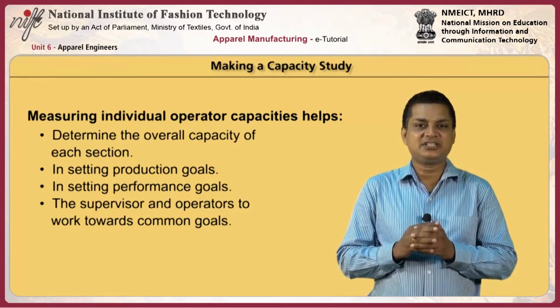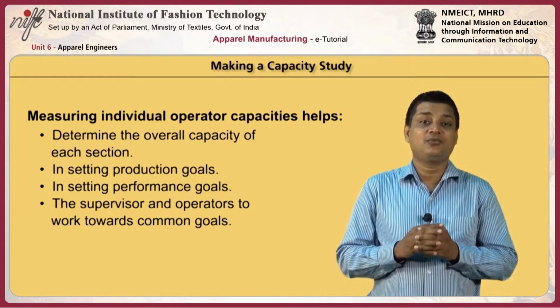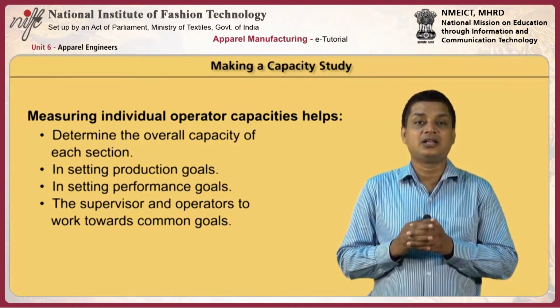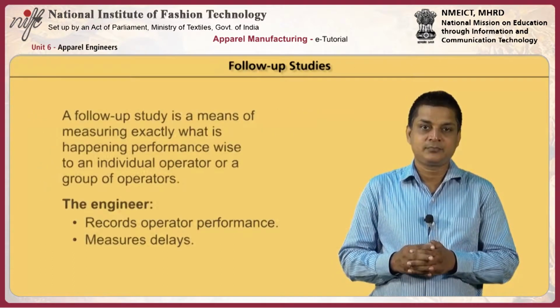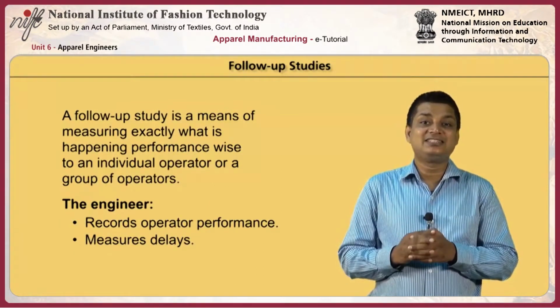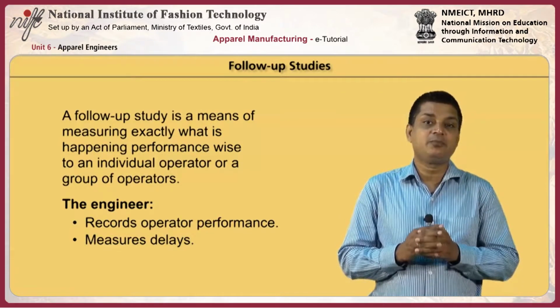In making a capacity study, we would circle such a cycle when it occurs and not use it to calculate our average cycle.